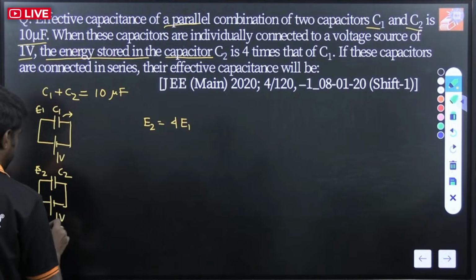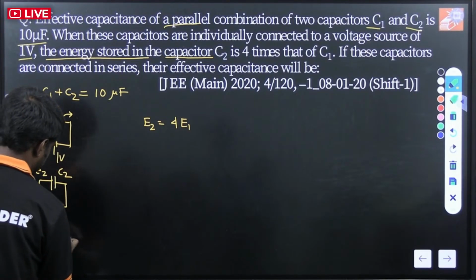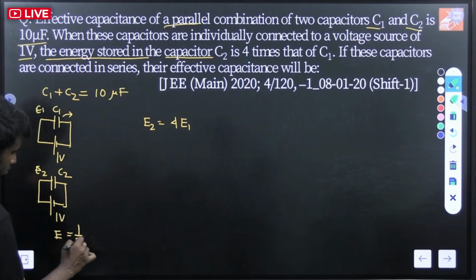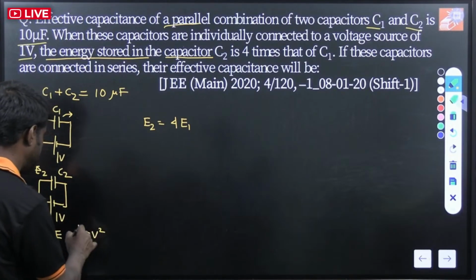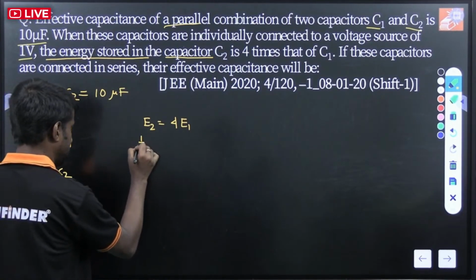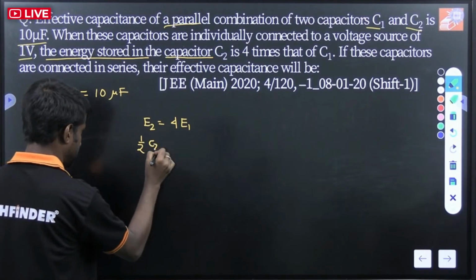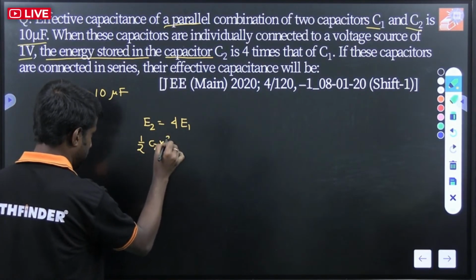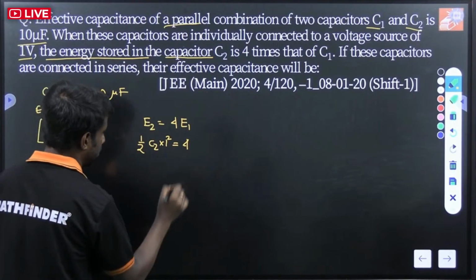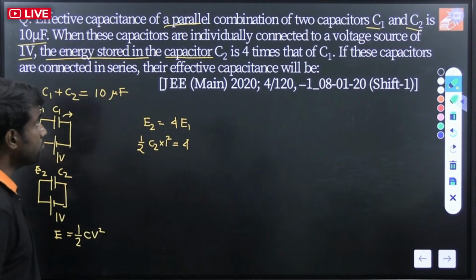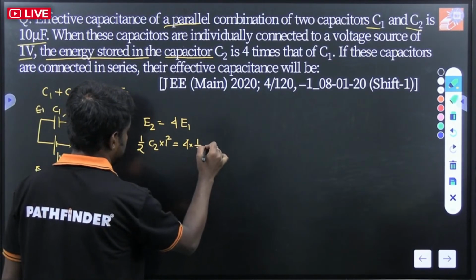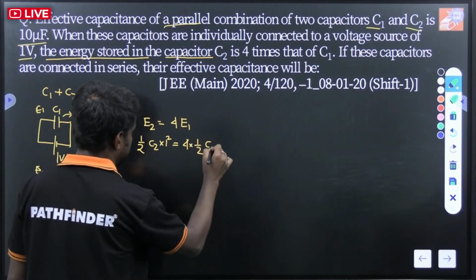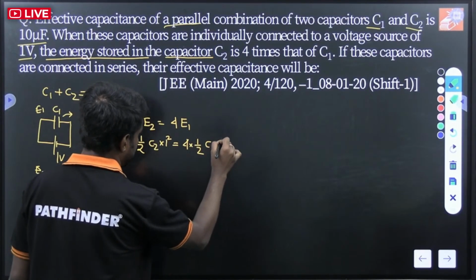We know the energy stored in a capacitor is E equal to 1 by 2 CV square. So we'll use this formula. E2 is equal to 1 by 2 C2 into V, which is 1, so 1 square. Similarly 4 times 1 by 2 C1 into 1 square.